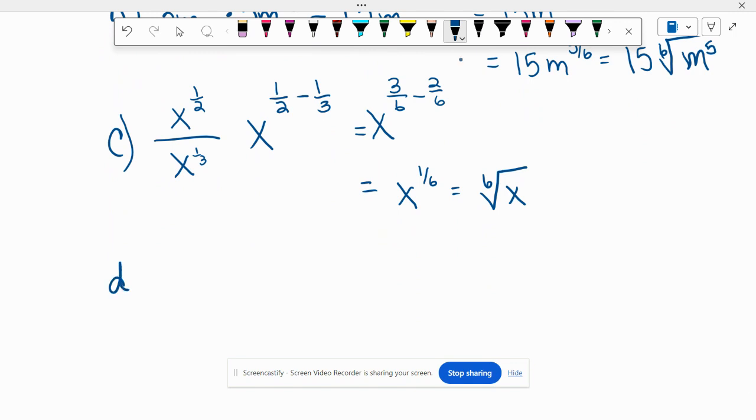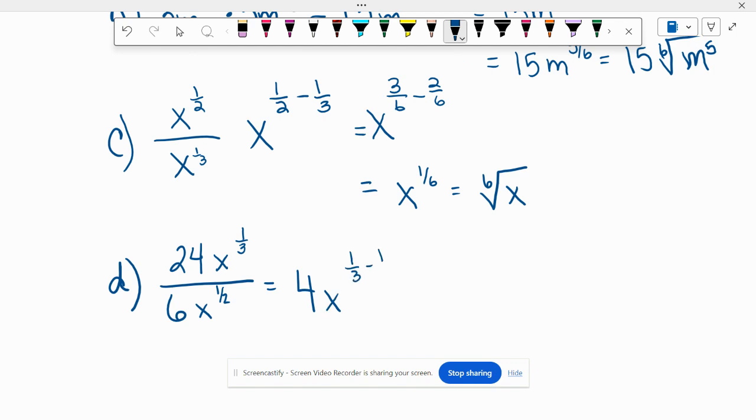Example D, 24x to the 1/3 over 6x to the 1/2. What's 24 divided by 6? 4. X to the 1/3 minus 1/2. Well, we've worked with 1/3 and 1/2 twice now. This will be the third time.